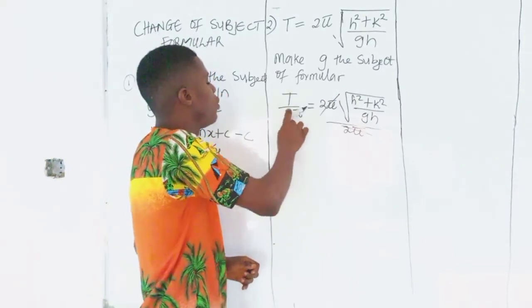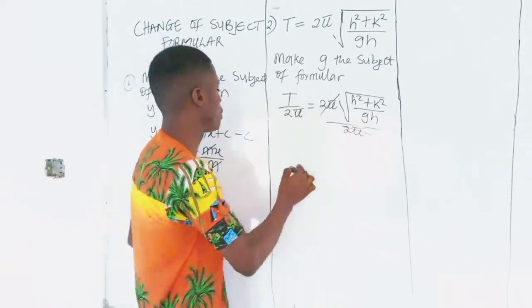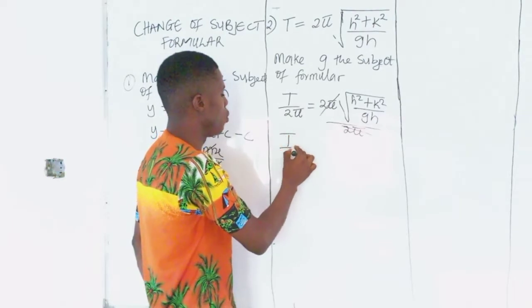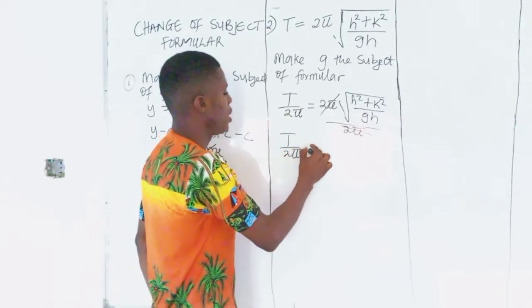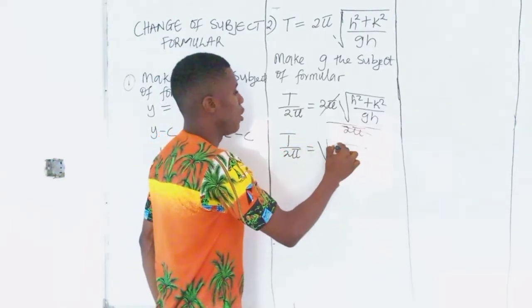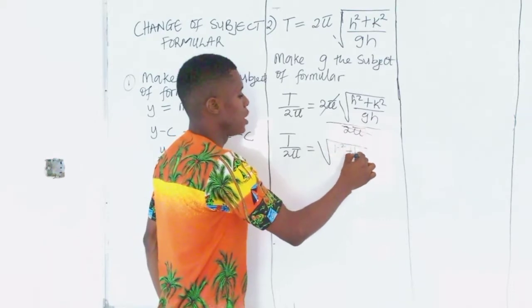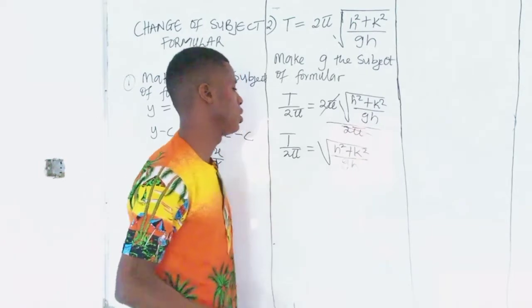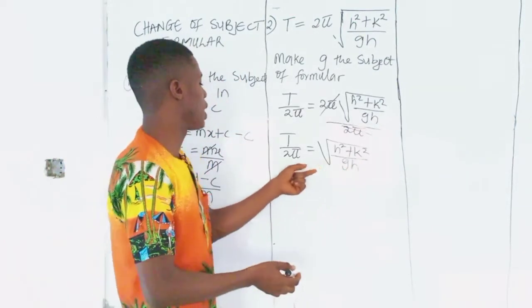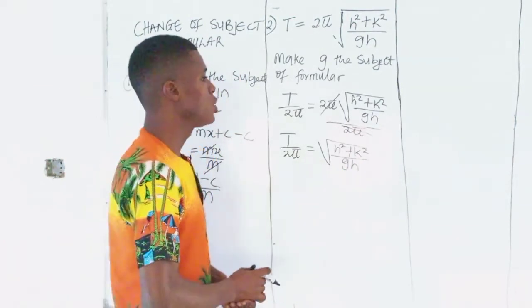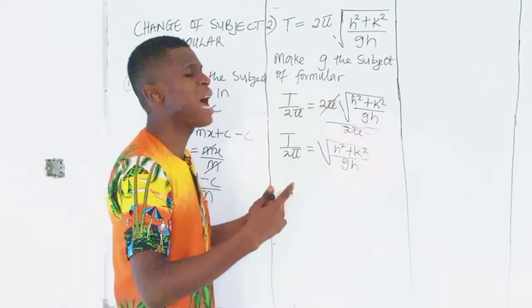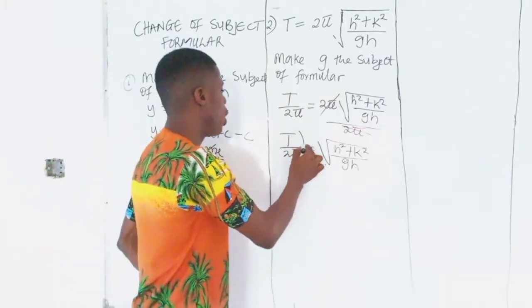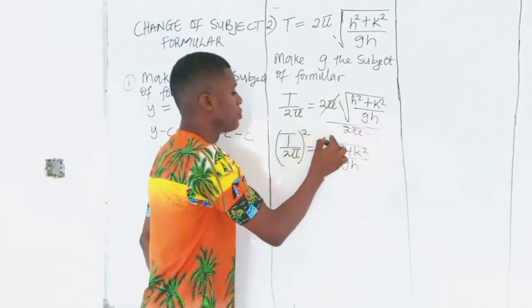I'm left with t over 2 pi equal to square root of h squared plus k squared all over gh. So at this point, you can observe this equation well. For me to remove this square root, I have to square both sides.